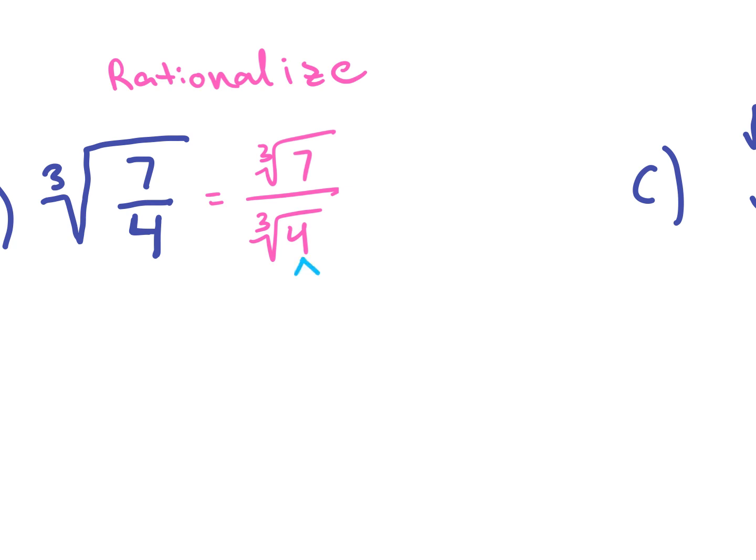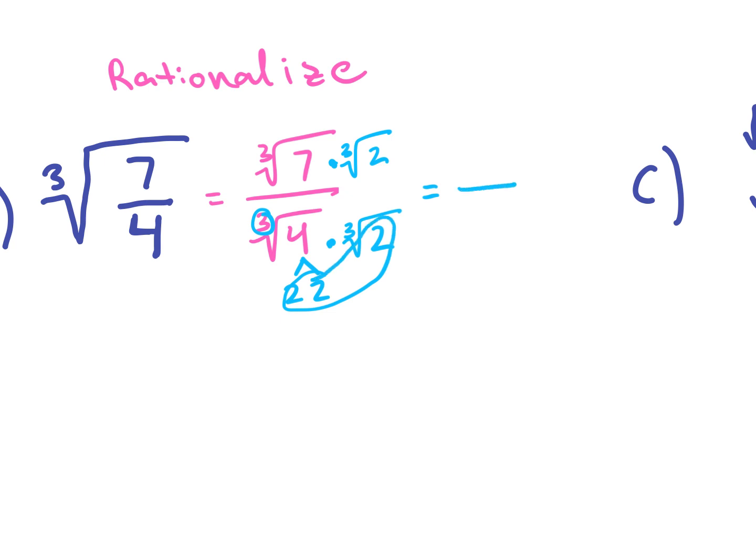So what are 2 factors of 4? 2 and 2. How many do I need to make a perfect whole number? 3 of them. So how many am I missing? Just 1. So I'm going to multiply it by the cubed root of 2. Whatever your index is going to stay the same when you multiply. So the cubed root of 2 to the top and the bottom. Now on the bottom, we have a perfect set of 3.